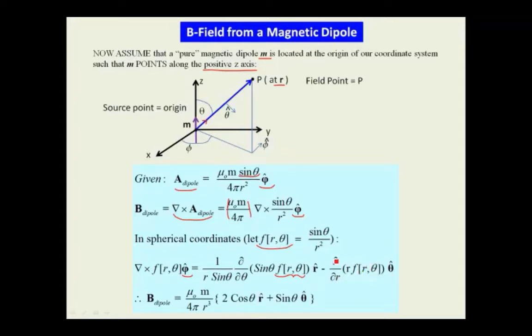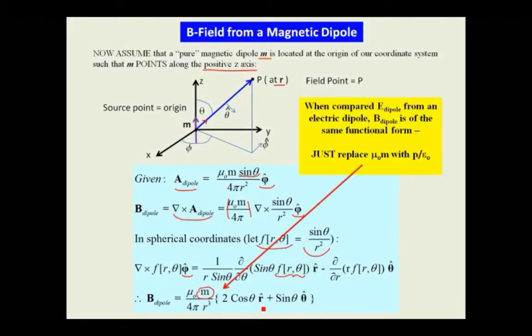So putting in our f of r and theta and taking the derivatives, what we find is that the magnetic dipole field is mu 0 m over 4 pi r cubed. This is the magnitude of m right here. And then there's an r hat term, which is 2 cosine theta, and there's a theta hat term, which is sine theta.